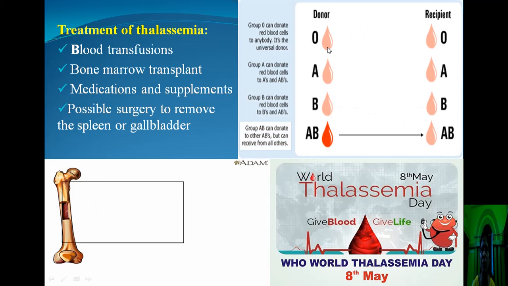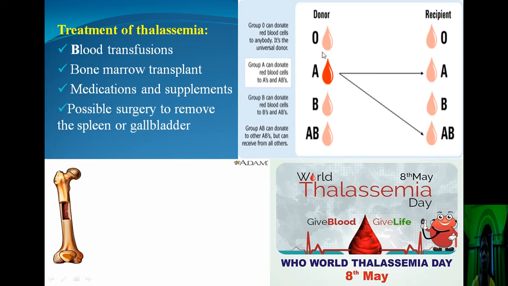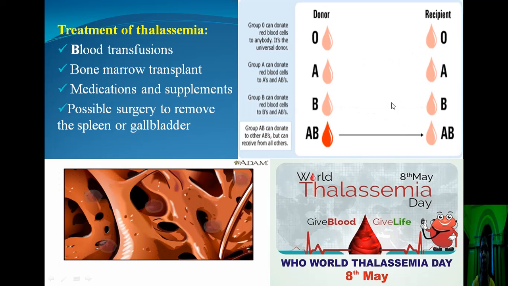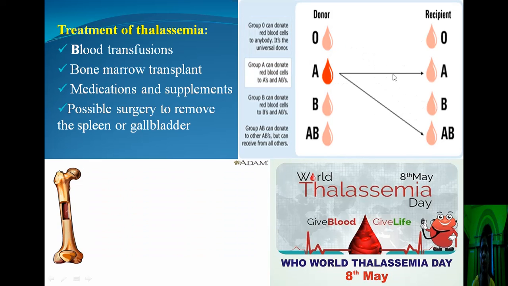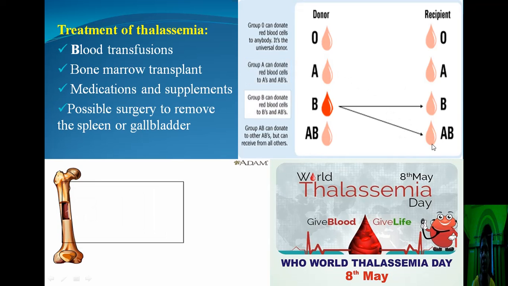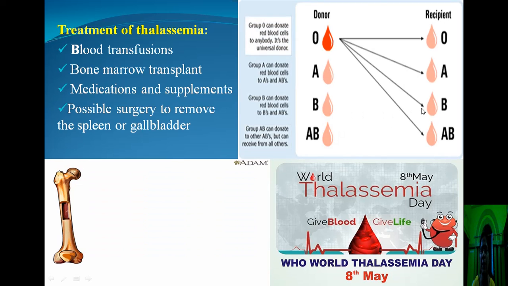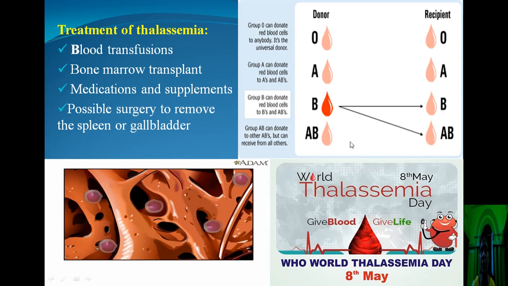There are 4 types of blood group: O, A, B and AB. The person having O blood group can give blood to all the blood groups. But the person having A blood group can give blood to A or AB. The person having B blood group can give blood to B or AB. But the person having AB blood group can give blood only to AB.